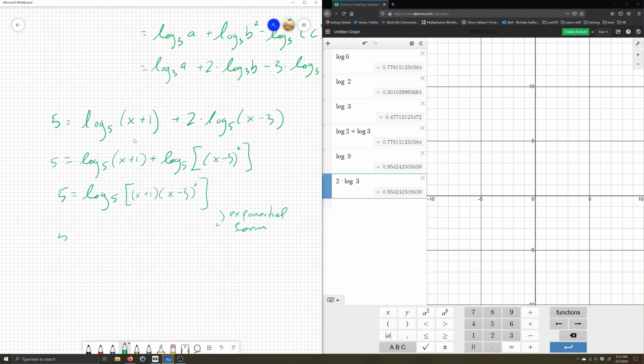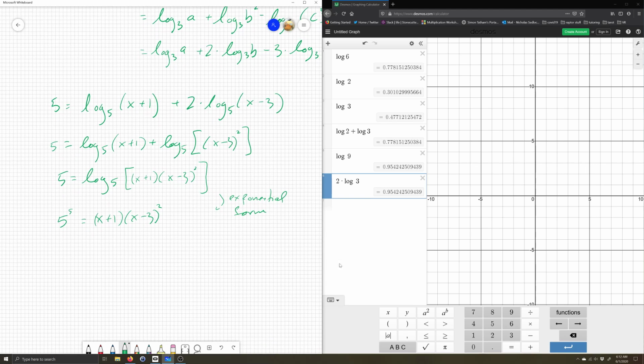And that gives me that 5 to the 5th is equal to x plus 1 times x minus 3 quantity squared. And so now this is a polynomial equation. It's an awful polynomial equation, but it's a polynomial equation that you could theoretically solve.